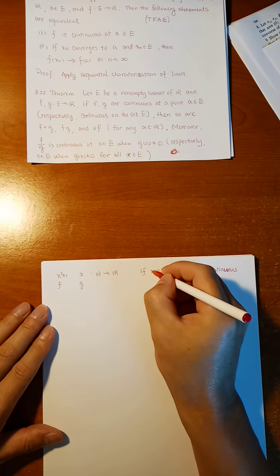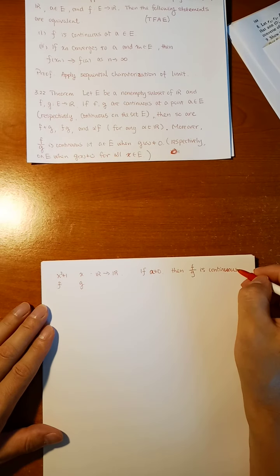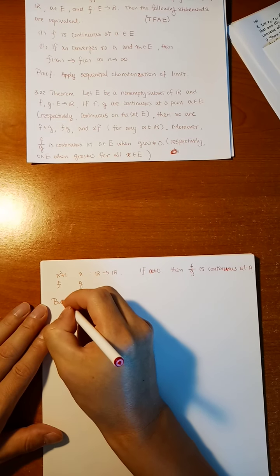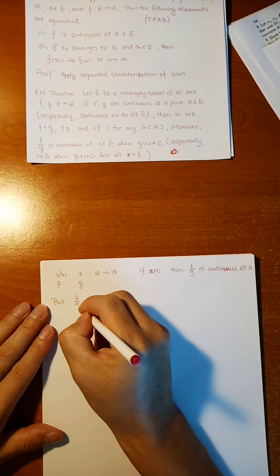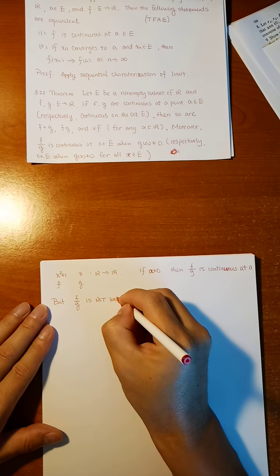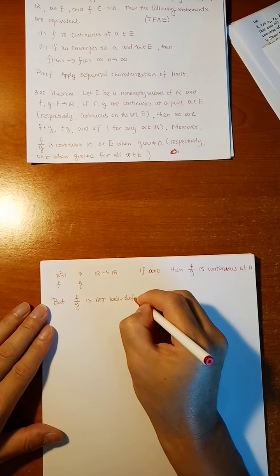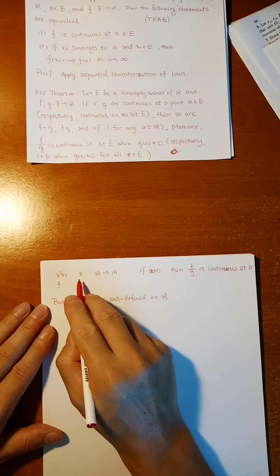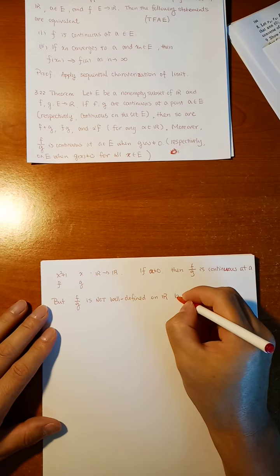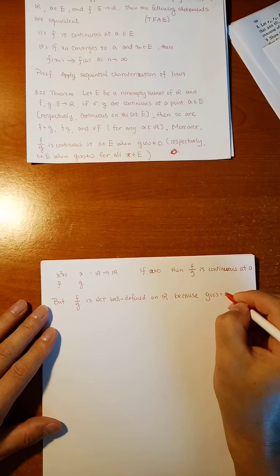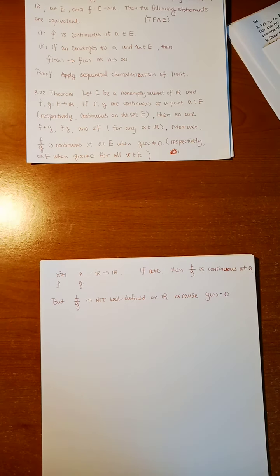Okay, obvious. But f over g is not well defined on the whole set R, because at 0, g of 0 is 0, so it's not always non-zero.